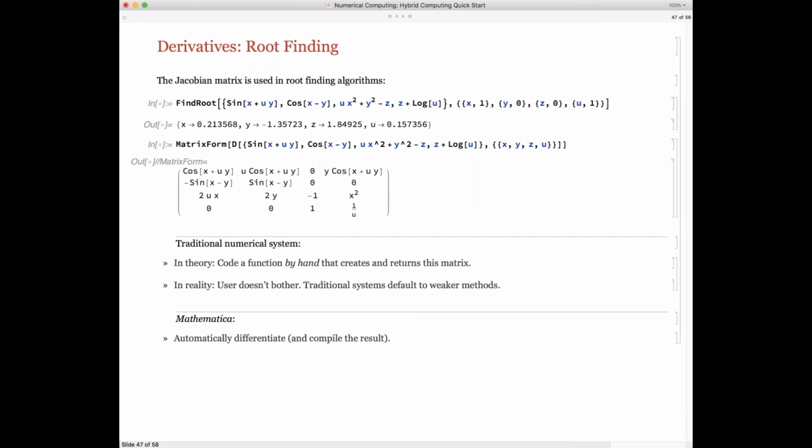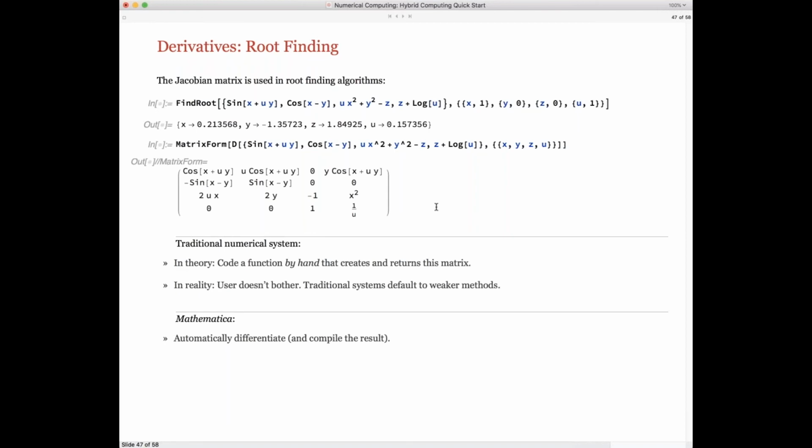Now, in a traditional numerical system, for efficiency, you may be well advised to manually compute this Jacobian matrix and then code a subroutine by hand that creates and returns the matrix for any value of arguments x, y, z, and u. Then you would pass that function or a function pointer along with your original objective function into the root finding algorithm.